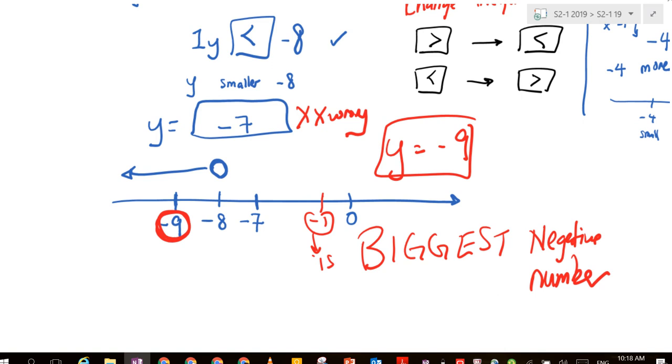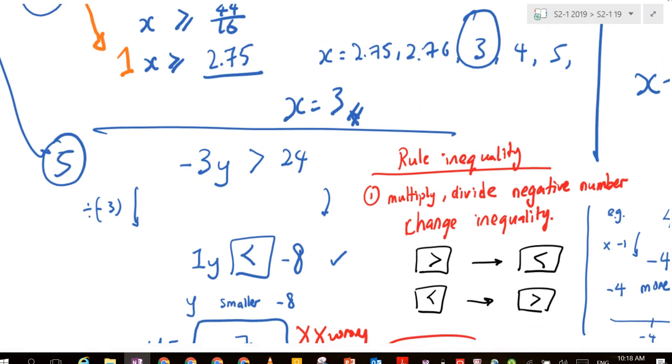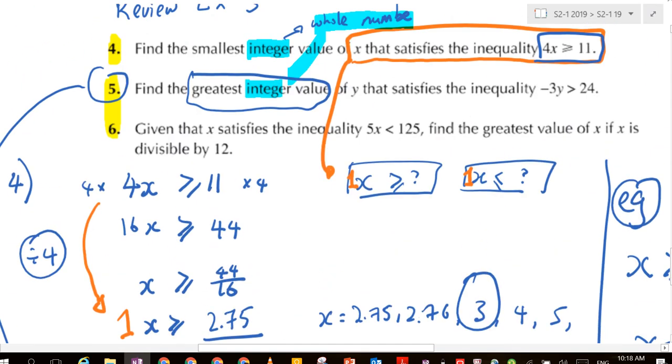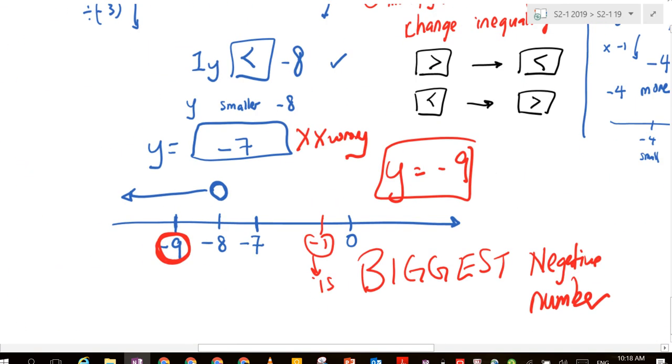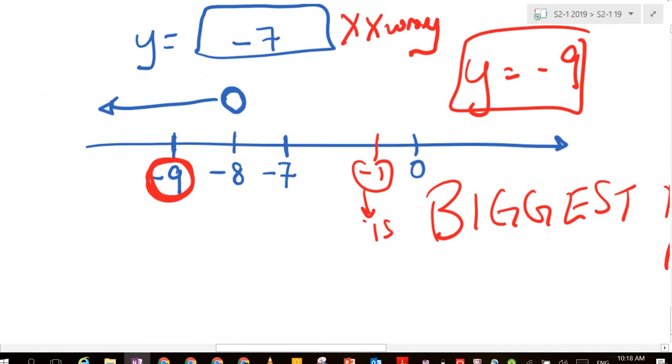Fahid asks, can it be decimal? Answer is no, because of the word integer. Does it work the same way as decimal? Yes. So, are you asking about the biggest negative number? -0.5 is bigger than -1. -0.1 is bigger than -1.